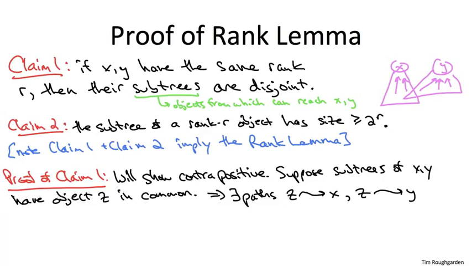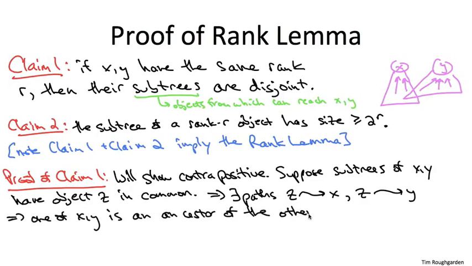Well, now let's use the fact that we're dealing with a directed tree, right? So if you start at an object z, there's only a unique parent pointer to follow each time. So all of the objects reachable from z form a directed path leading up to the root of z's group. So the only way for both x and y to be reachable from z is for them to both be on this path.